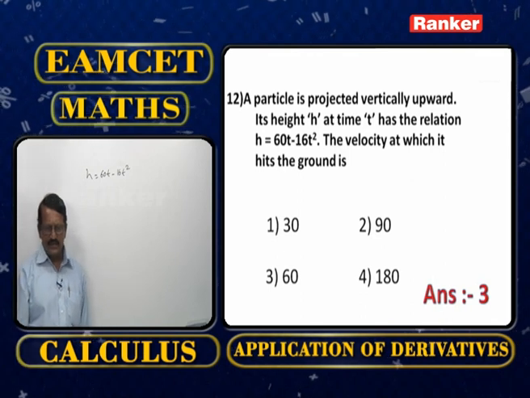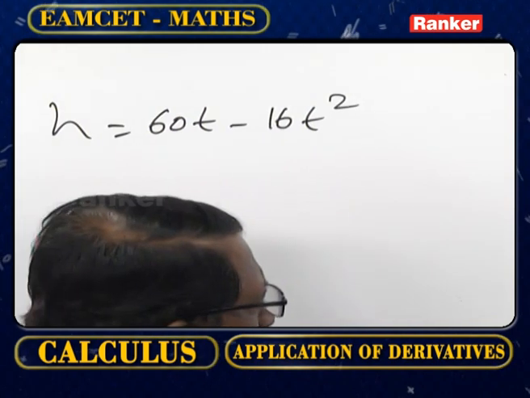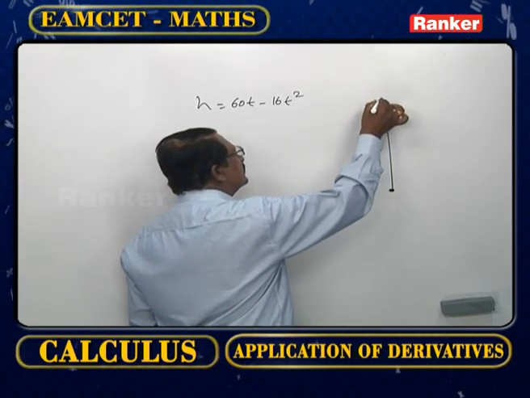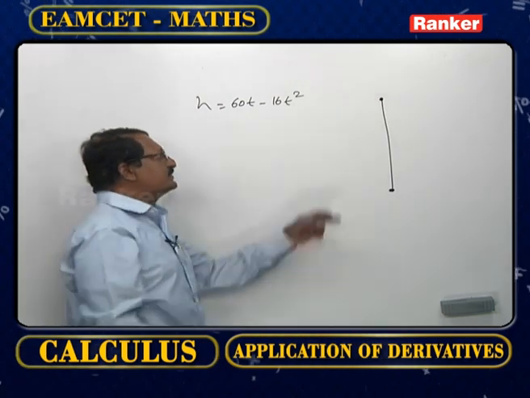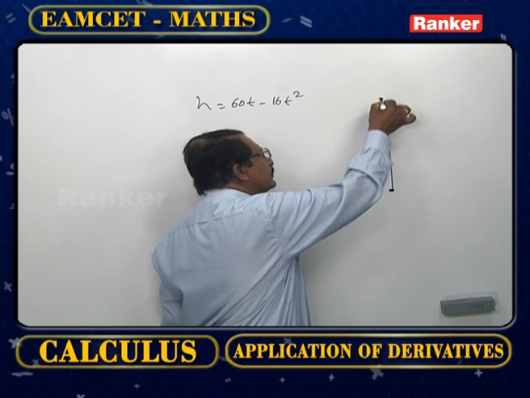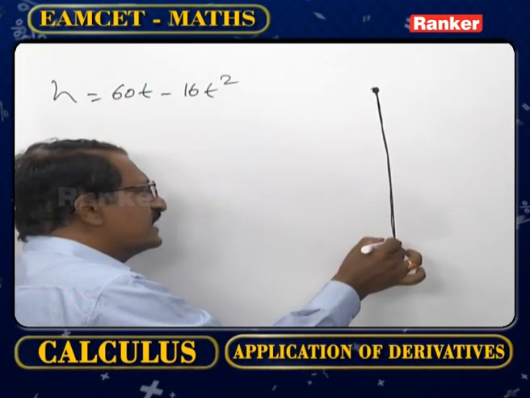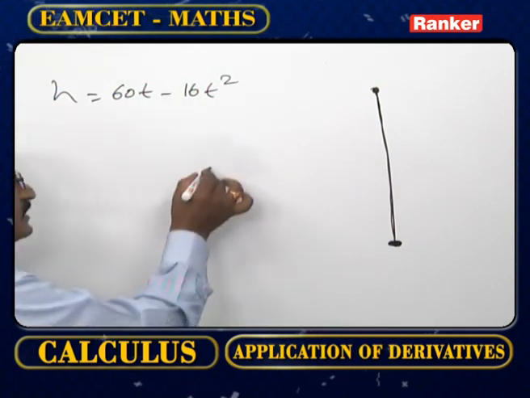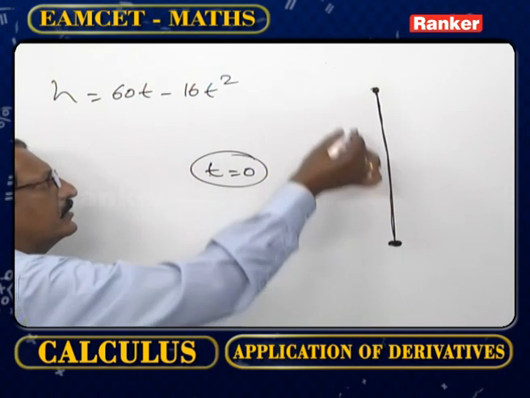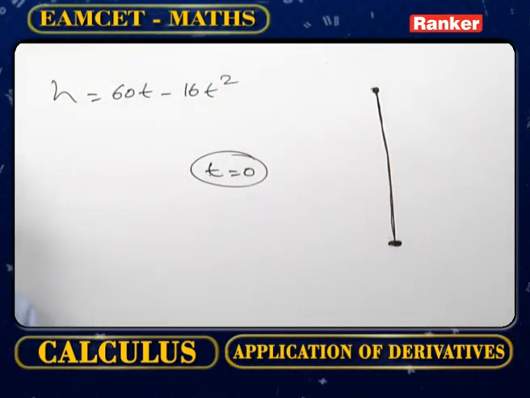The velocity at which it hits the ground is required. If a particle or a stone is thrown vertically upwards, it reaches maximum height, where its velocity equals 0. After that, it freely falls to the ground. The velocity at the ground is the same as the velocity at time t = 0.